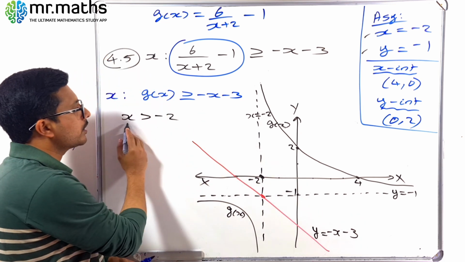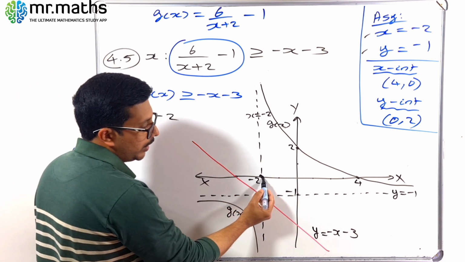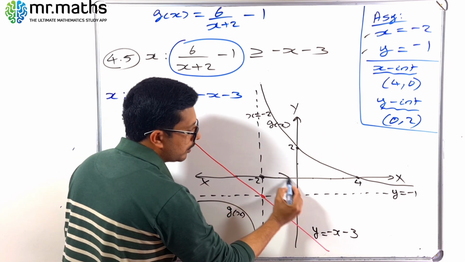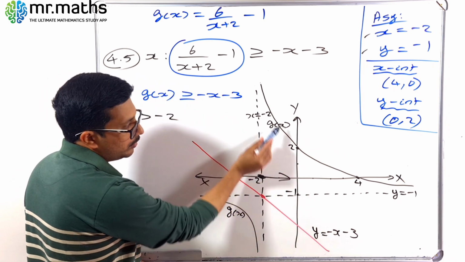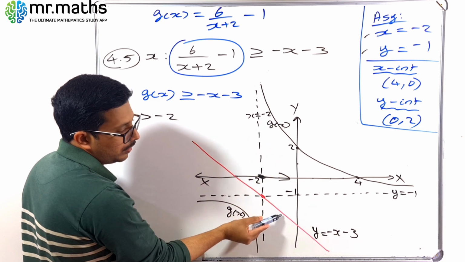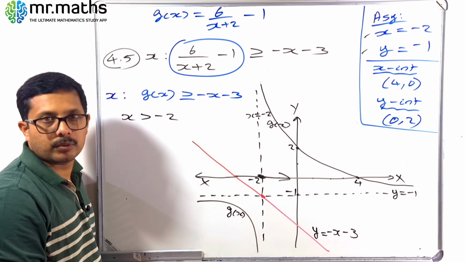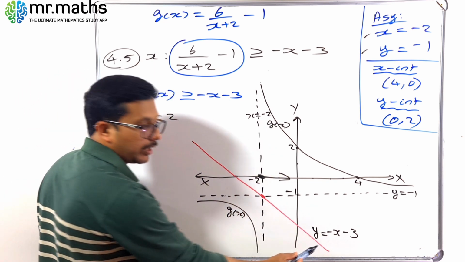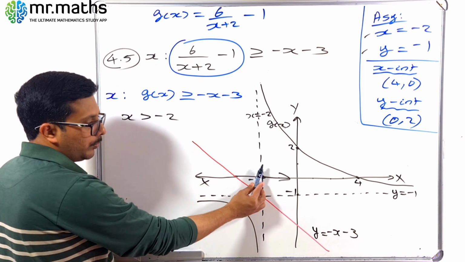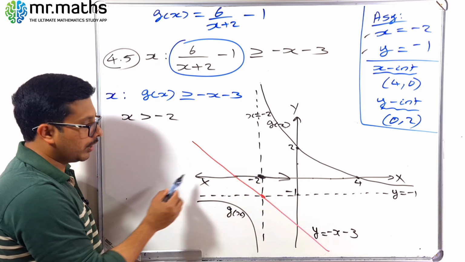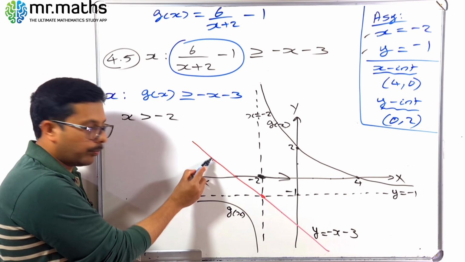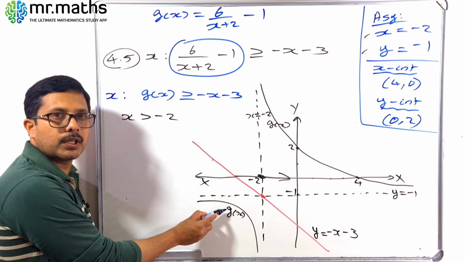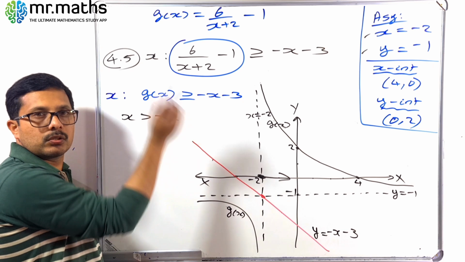So when x is greater than minus 2, from this point to this side, g of x is on top and the straight line is at the bottom. But before minus 2 you can see that the line is on top and g of x is at the bottom. We don't want that one, we want g of x on top.